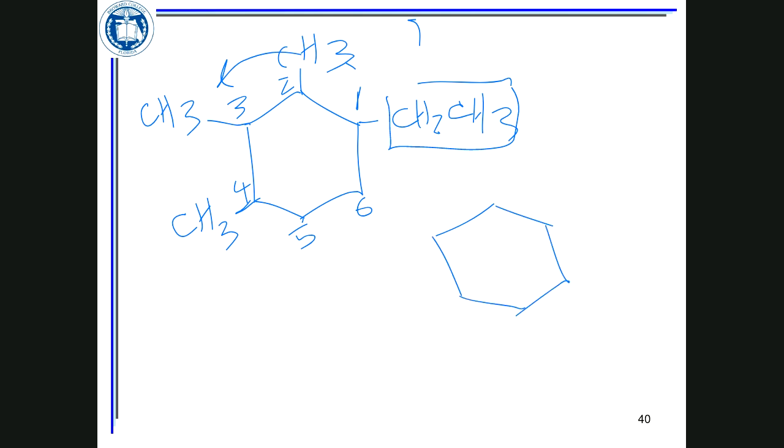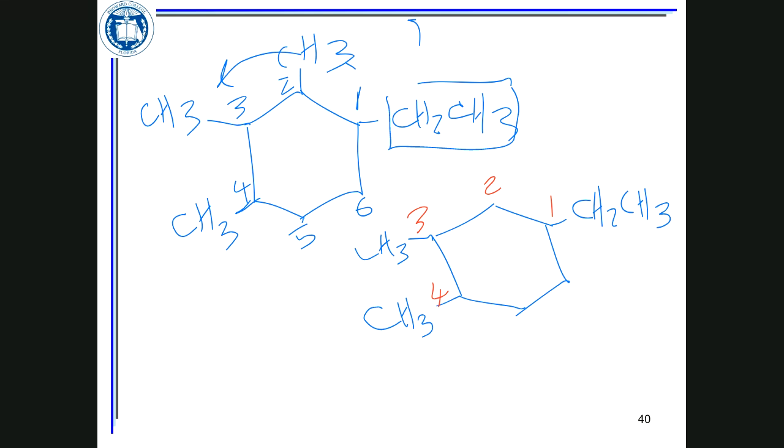Say you have a methyl group here, then you have an ethyl group and a methyl group. Which way should you number it in this case? If ethyl takes 1, then it's going to be 2, 3, and 4. So you have 1 plus 3 plus 4.